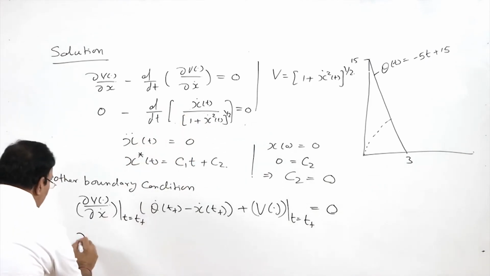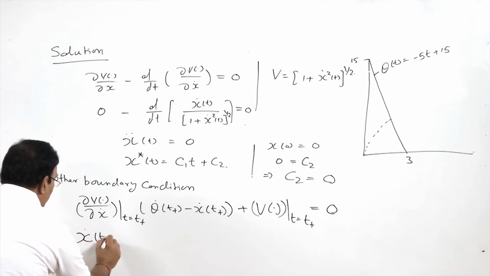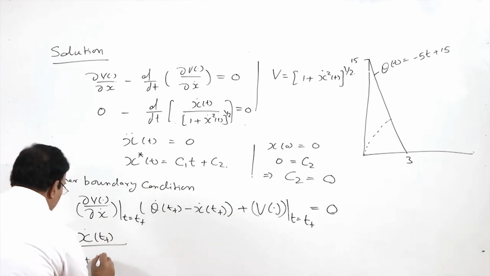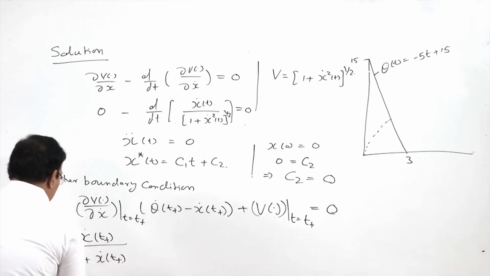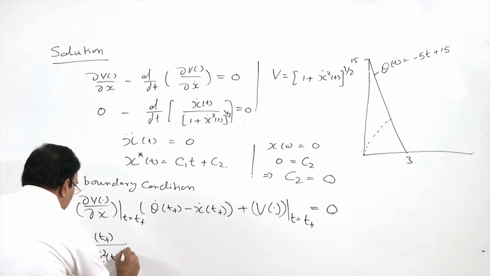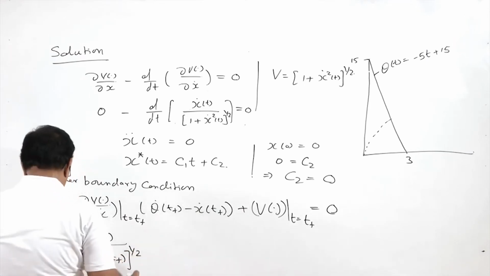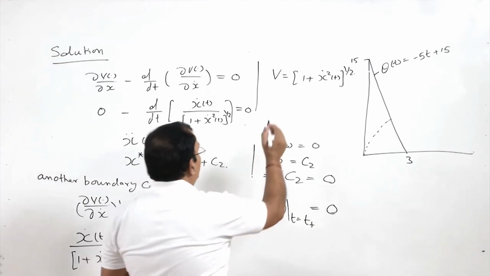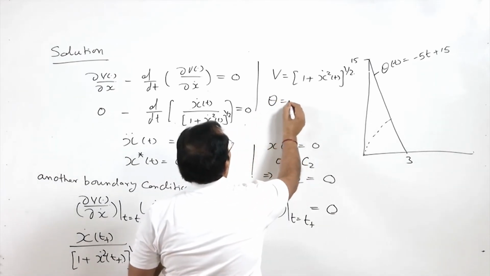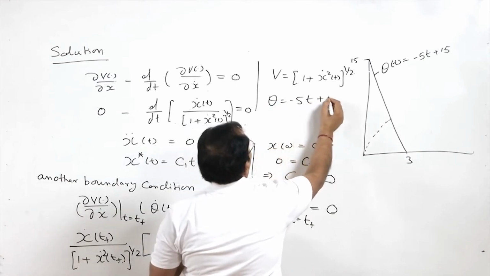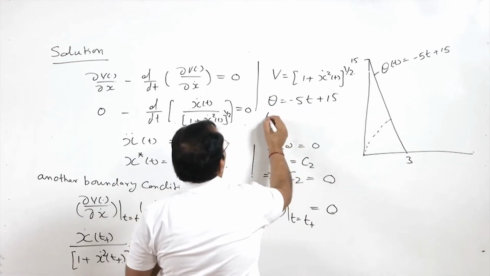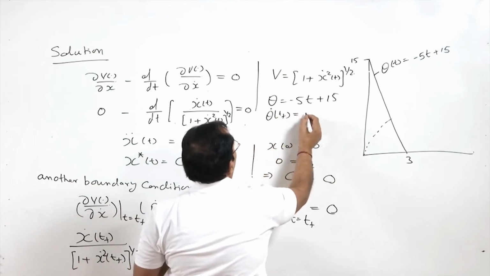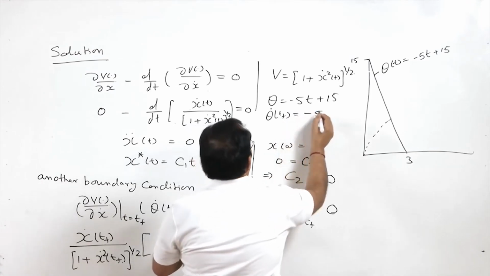So, I can write this as x dot of tf over the square root of 1 plus x dot square of tf, times theta dot of tf. What was my theta? My theta was minus 5t plus 15. So, theta dot tf is nothing but minus 5.